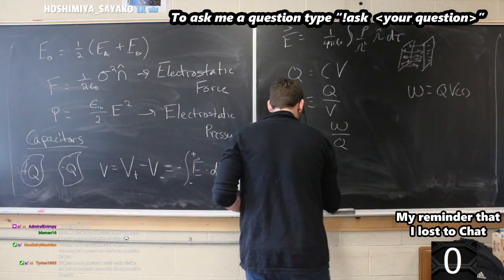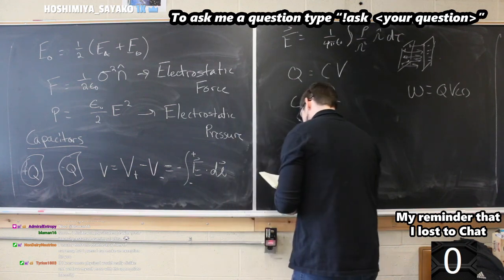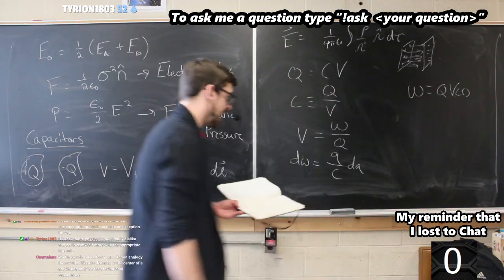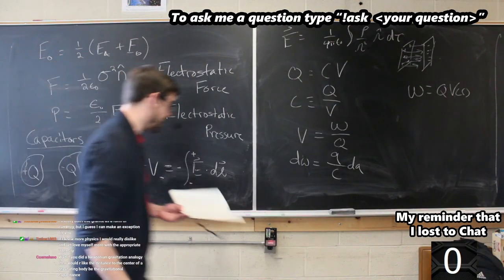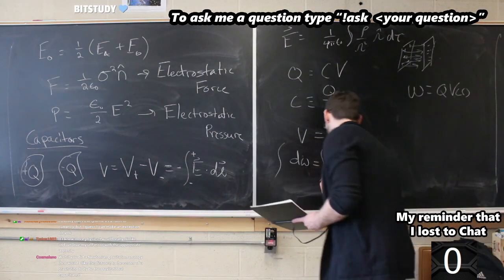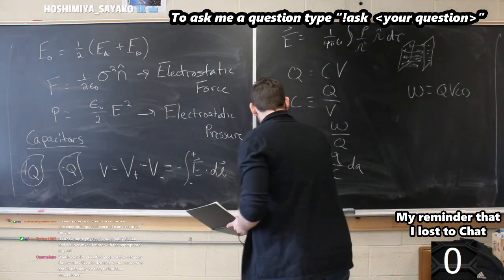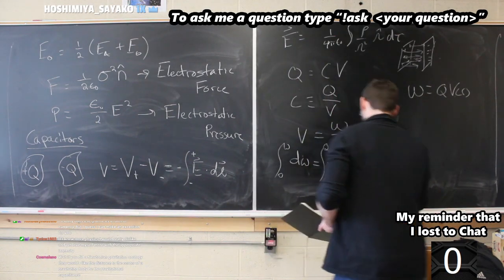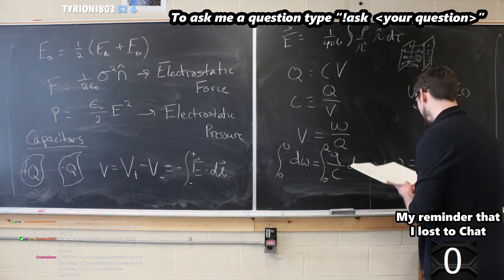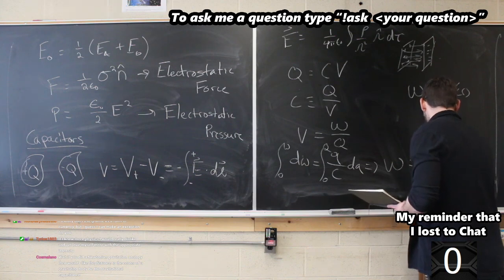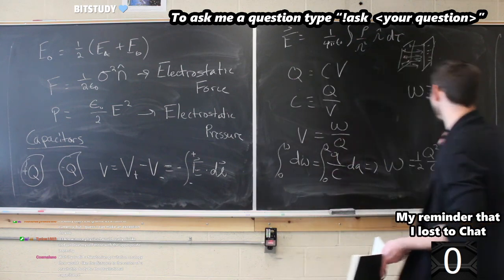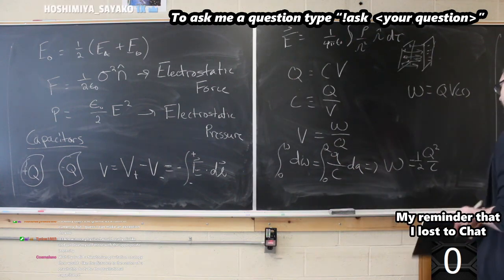Well, let's consider dW, because remember, we're talking about adding infinitesimally small amounts of charge at a time, okay? And we're just going to integrate both sides. If we integrate from 0 to Q and 0 to the total work, then what we'll get is work is equal to 1/2 Q squared over C. Right, this is just Q, so we're integrating it once, so we get Q squared over 2, and there's a 1 over C in there.